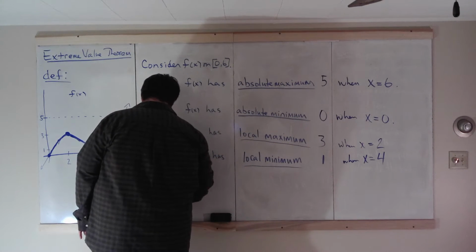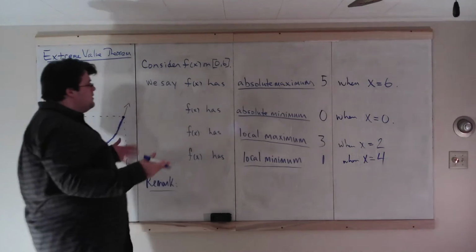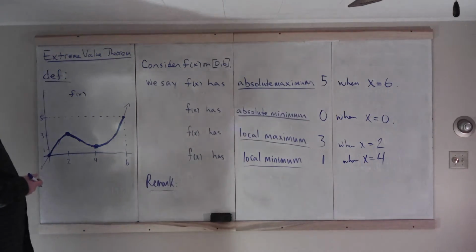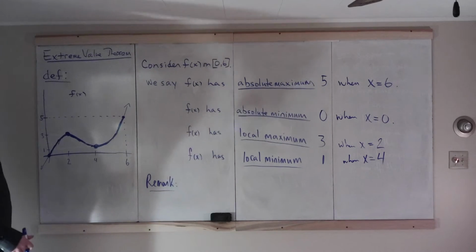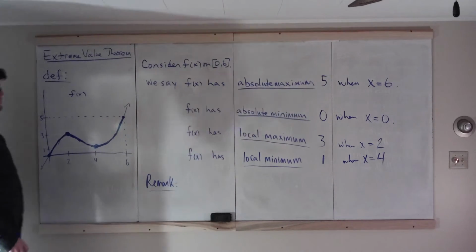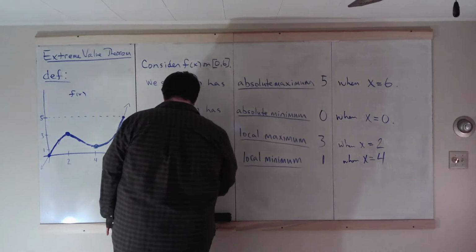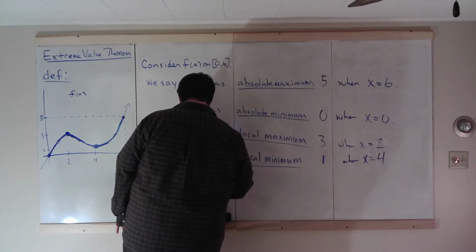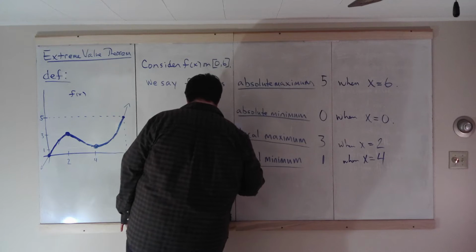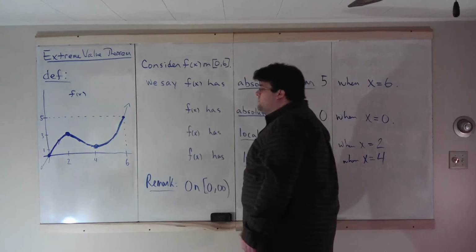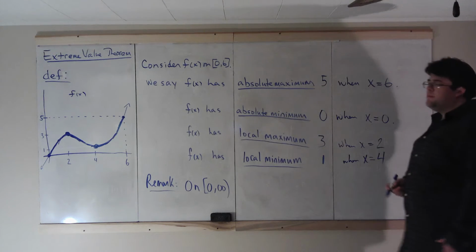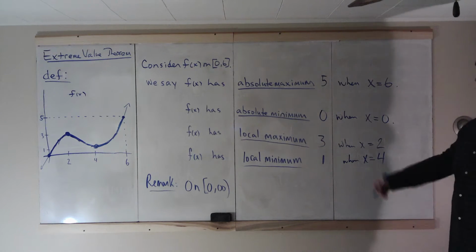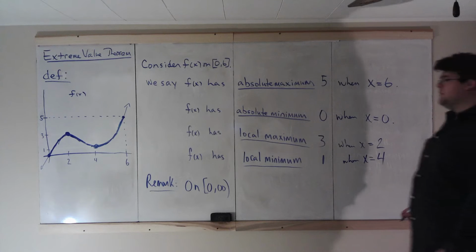Now, I'm going to introduce a little more language with absolute maximum and absolute minimum before talking more about local maximum and minimum. If we considered all of 0 to infinity, so including, that thing keeps going up. It may be tempting to say it has absolute maximum infinity because it keeps going up.